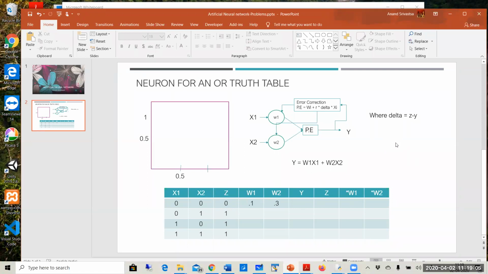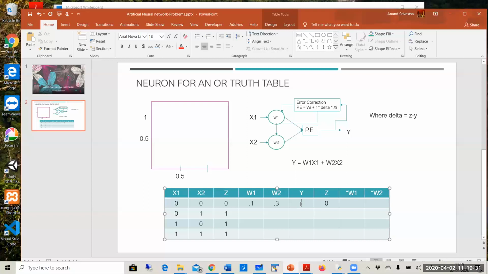But my sigmoid function, what does it say? Anything that is less than this line, 0.5, is going to be 0. That means my first iteration will give me y equal to 0. My desired output is 0.